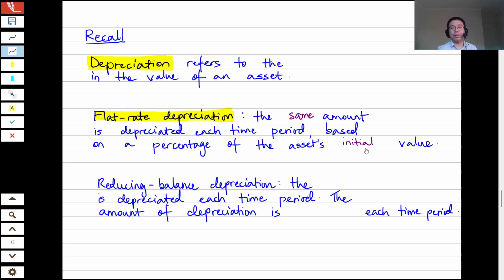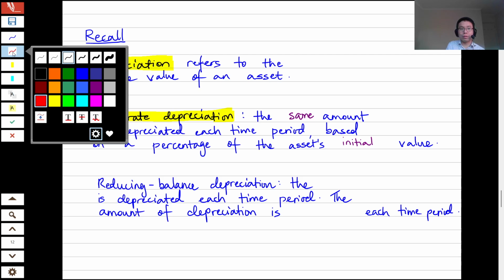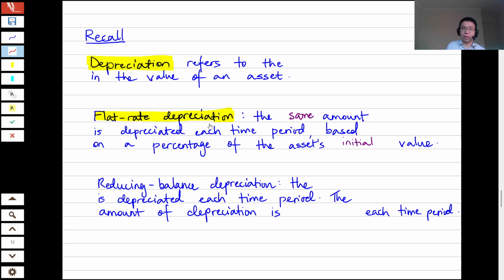You should think of flat rate depreciation and simple interest as very close cousins. So for your benefit, when you're looking at the notes, I'll just say this is similar to simple interest. Except that with simple interest, the value is going up. With depreciation, the value is going down.